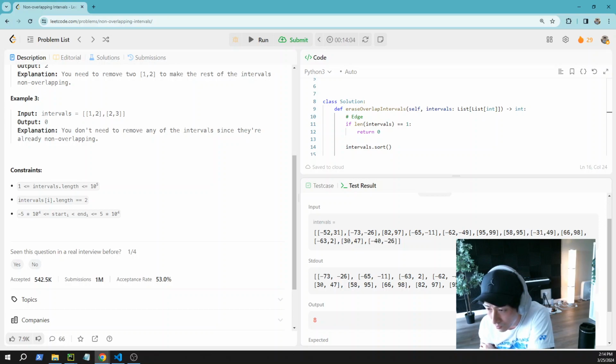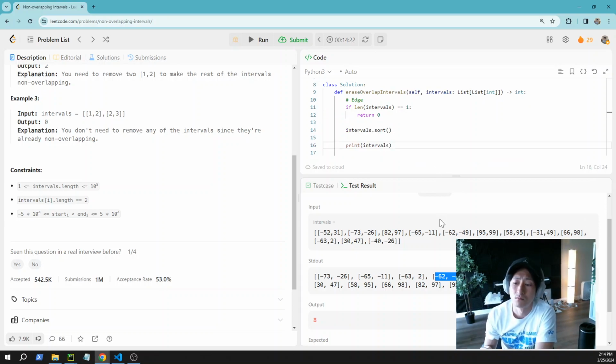So if I keep this, this is overlap, this is overlap, this is also overlap. What's wrong with it? Minus 37, no, 73. This is overlap. This is overlap.